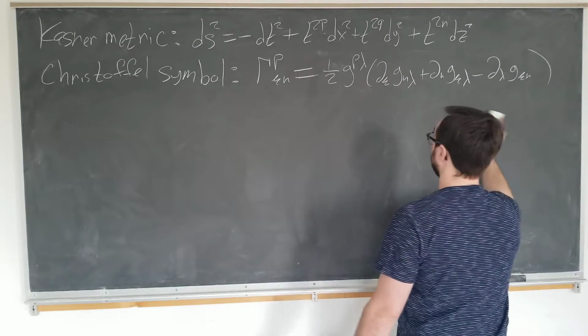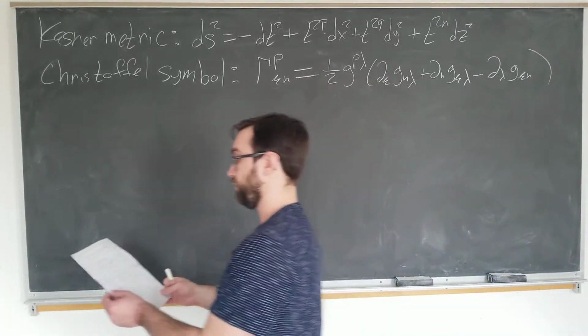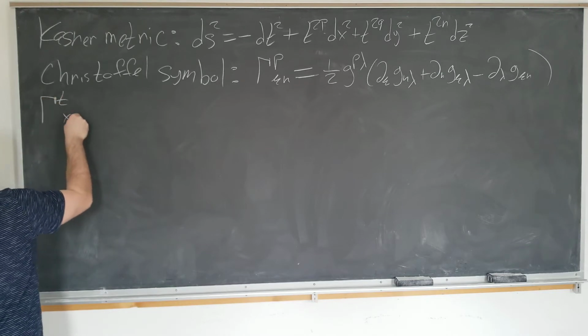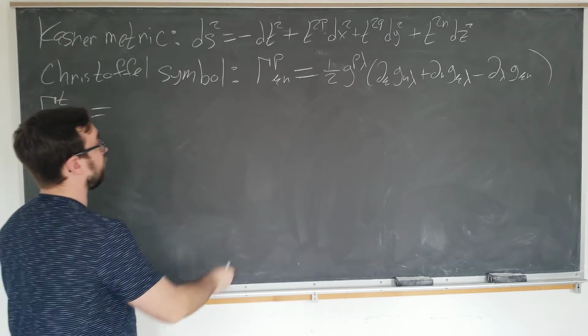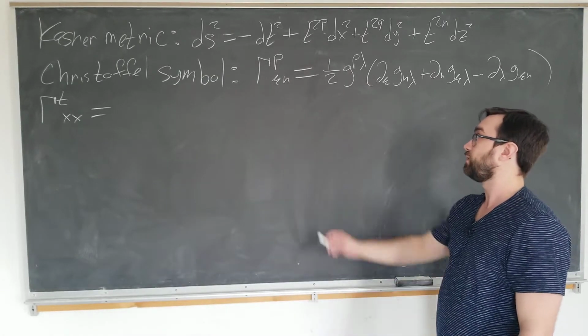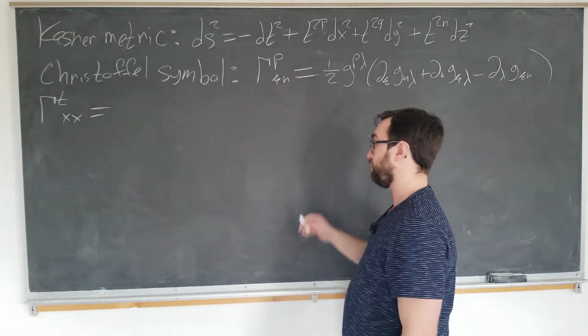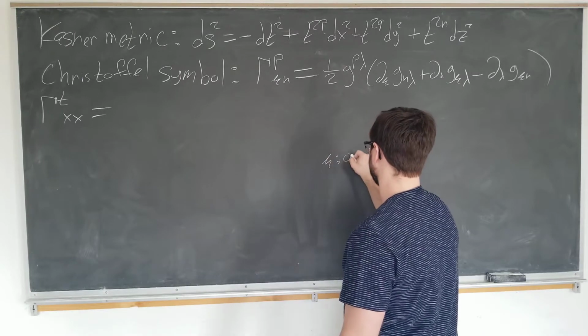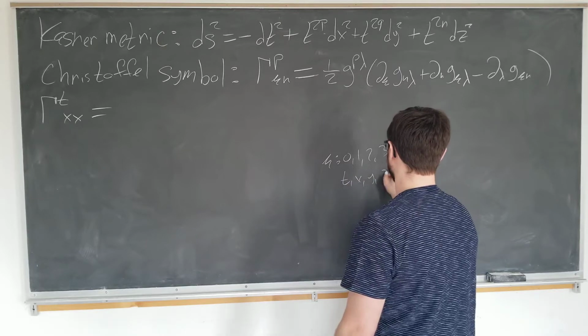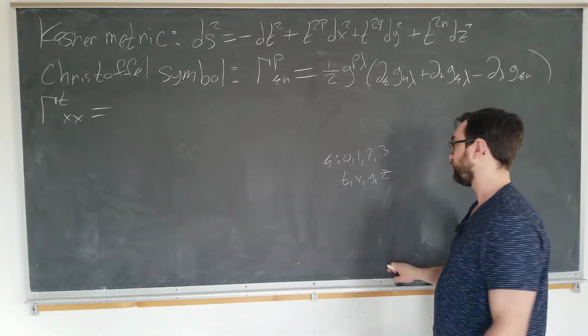Okay, let us begin with the first non-zero Christoffel symbol, gamma txx. All we have to do is plug t, x, and x into rho, mu, and nu here, since we know that they all go from 0 to 3, or t, x, y, and z. And let's get started.